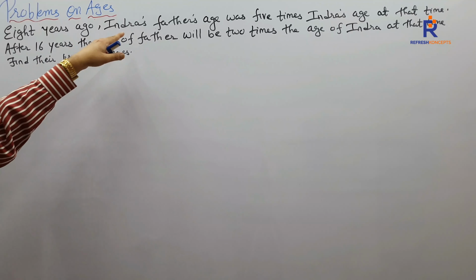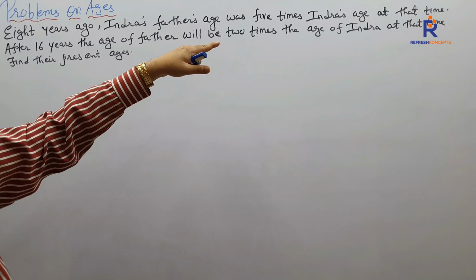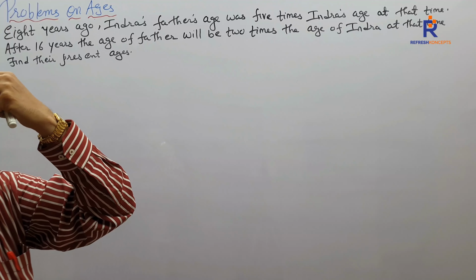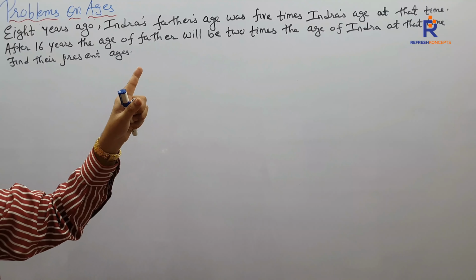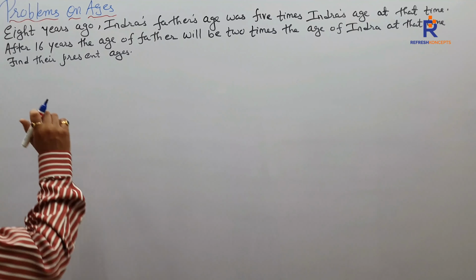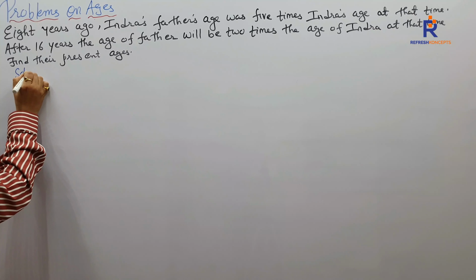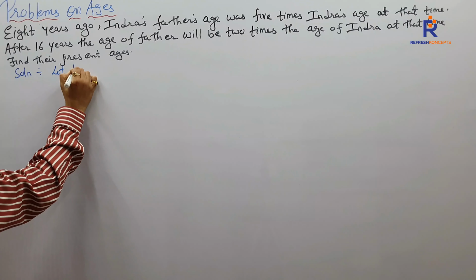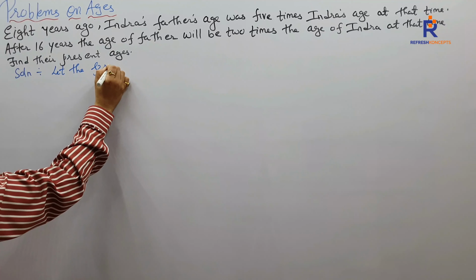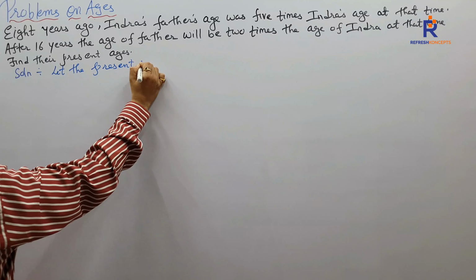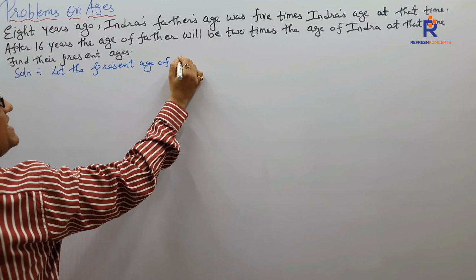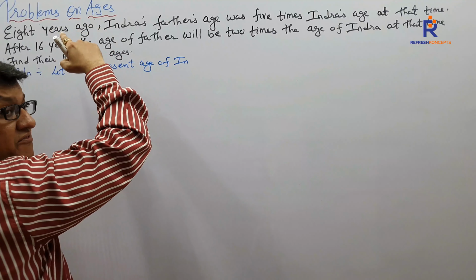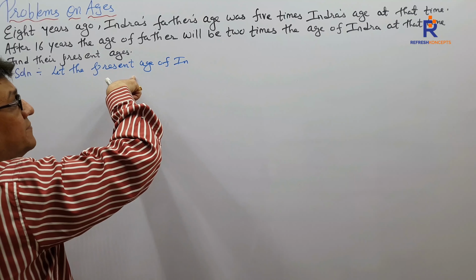8 years ago, Indra's father's age was 5 times Indra's age, right? So who are the two parameters? Indra and his father. So we start off with the solution.